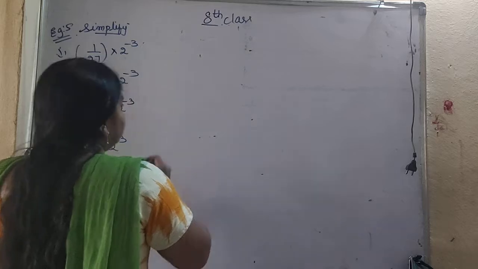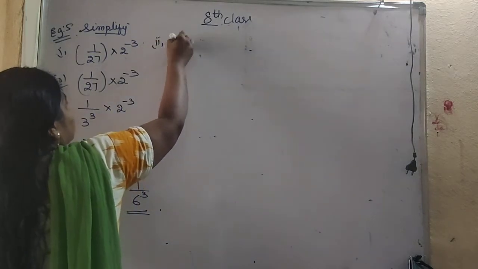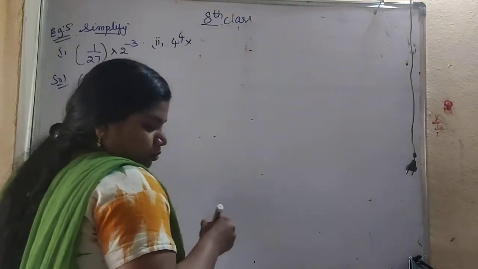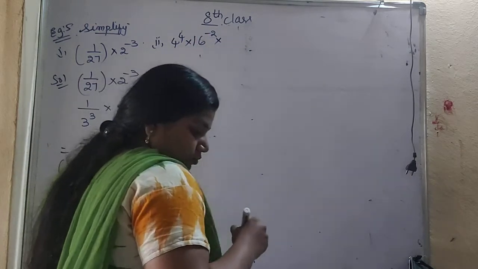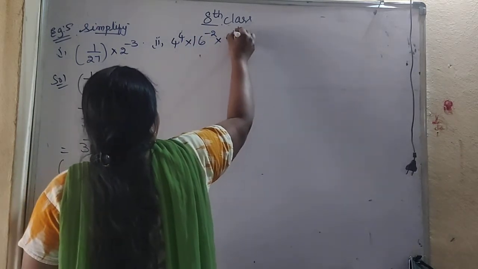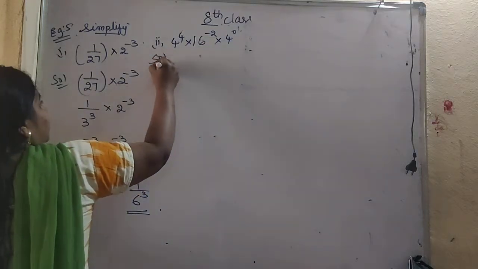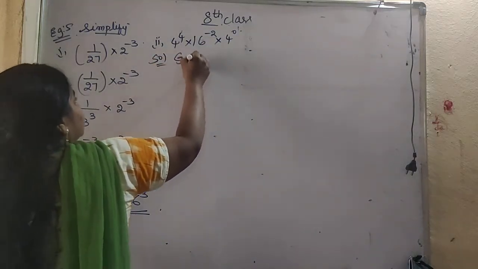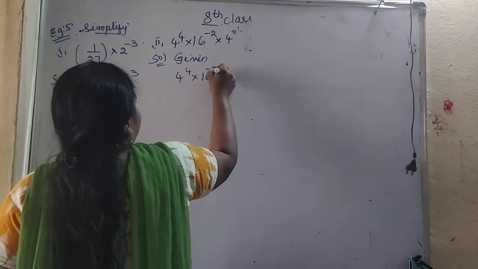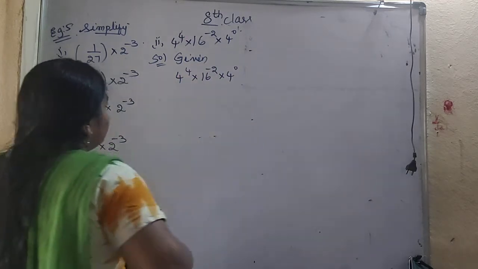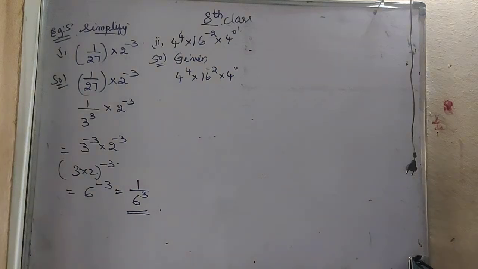In the second one, 4^4 into 16^(-2) into 4^0. So 4^4 is how much?